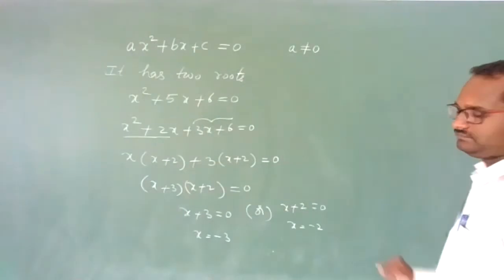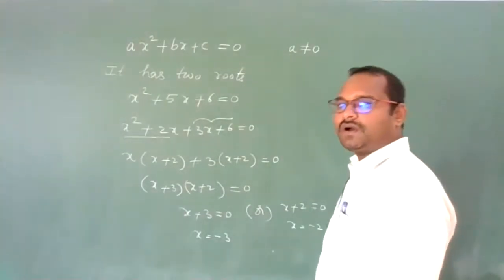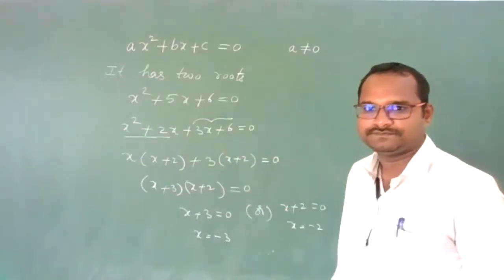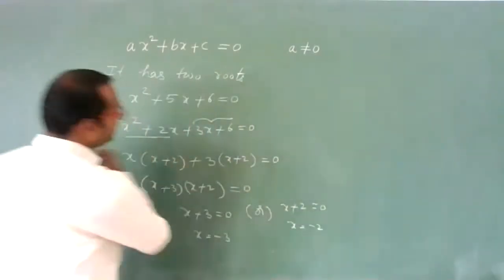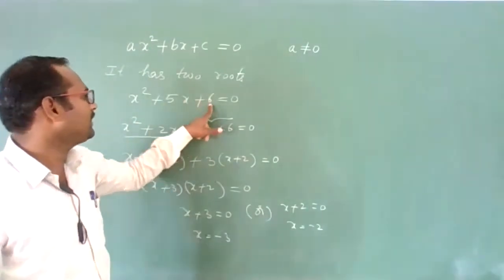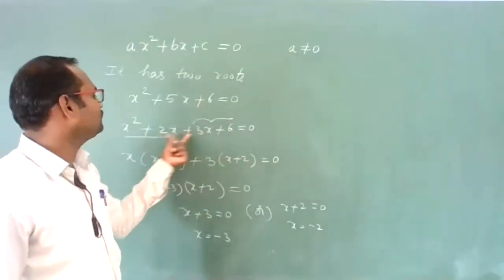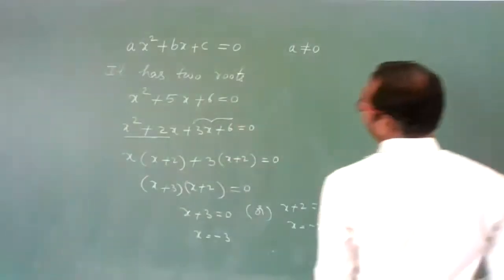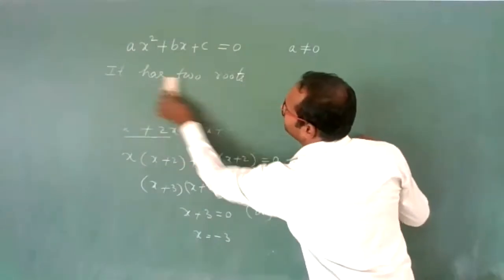This is a general method. One more way to find the roots of an equation: if you are unable to write it as a product like this, then you will have one formula for finding the roots of a quadratic equation.